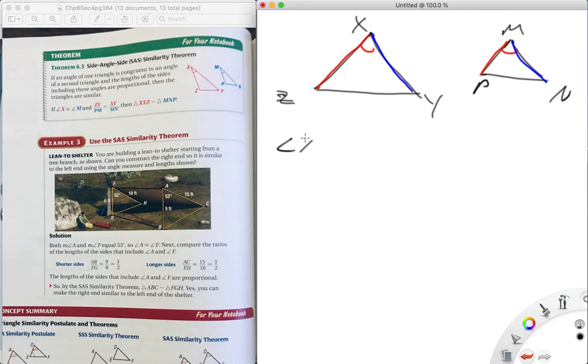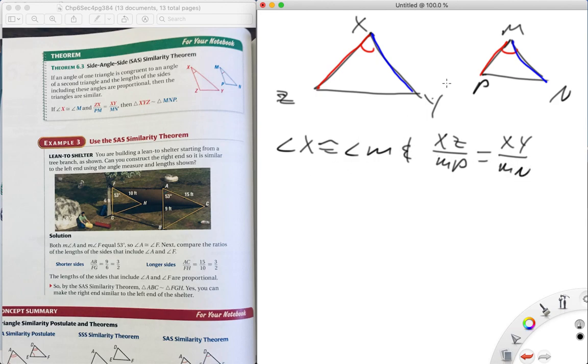So angle X is congruent to angle M, and in addition to that, XZ over MP is a proportion with XY over MN.